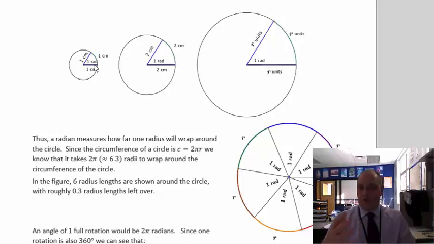You're not going to see 30 radians, 40 radians, 100 radians. You're going to see very small radian measures, and I'm going to try to explain why. This is only 1 radian, this is only 1 radian, this is only 1 radian.